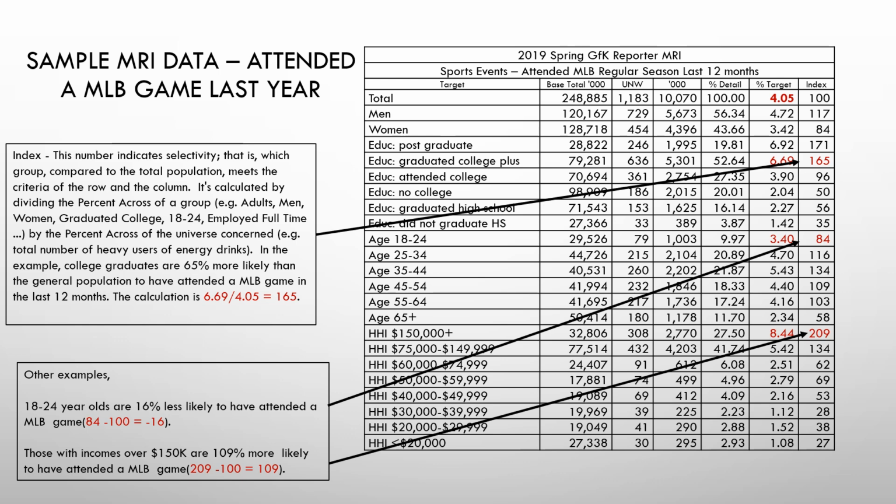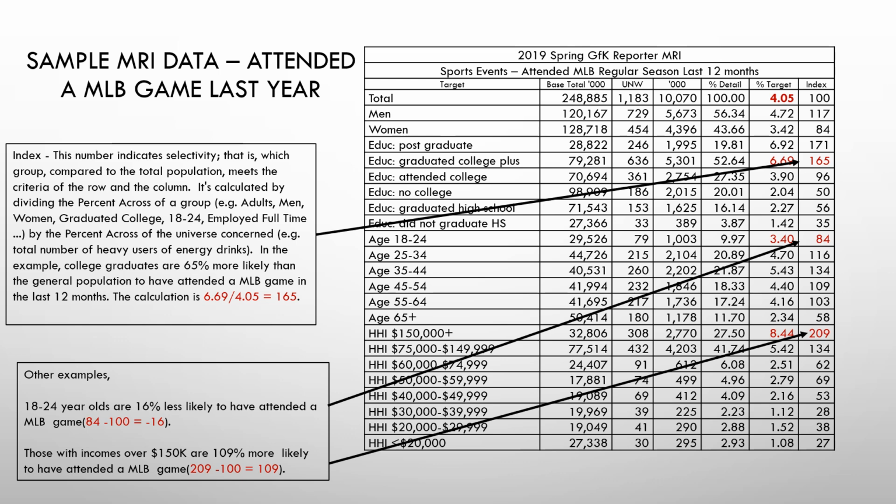That number tells us how likely it is that that particular group attended a game. So, for instance, we have educated with a graduated college plus. That number is 165. That means that that particular group of people, college graduates, is 65% more likely than the general population to have attended a game.